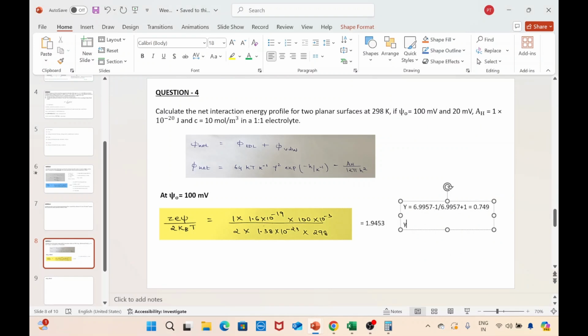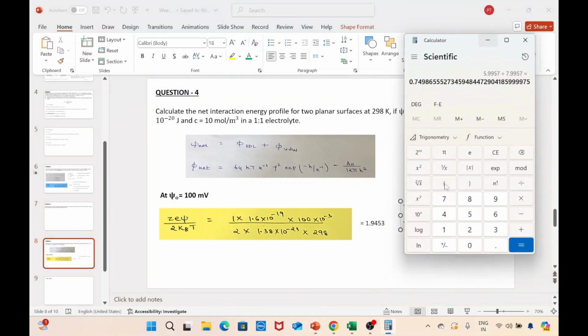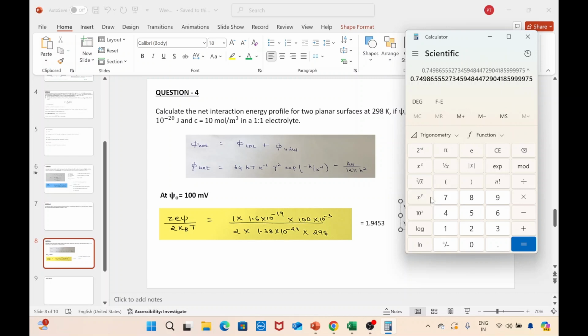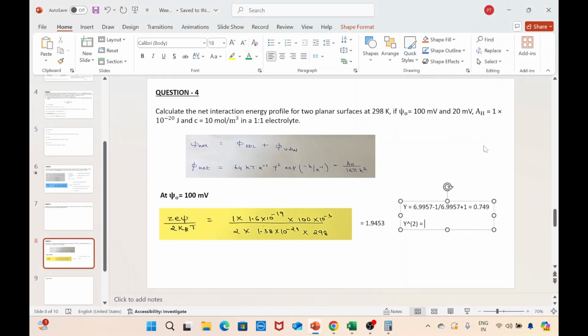Gamma square will be 0.75 square, that is 0.5622. So this is your value of gamma square.